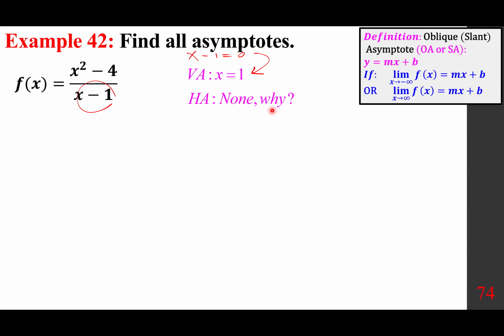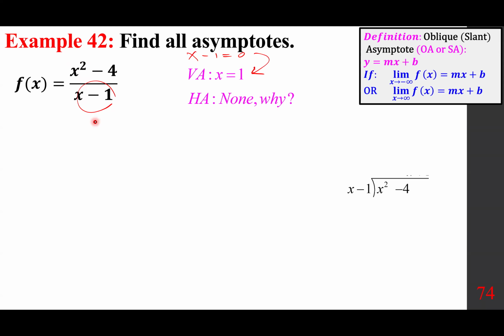Horizontal asymptote, we don't have anything. Why? The degree of the numerator is 2, the degree of the denominator is 1, it's larger. There is no horizontal asymptote. However, because the difference is exactly 1, we do have an oblique asymptote. We are going to divide. Doesn't matter, long division or synthetic division, either way is fine.